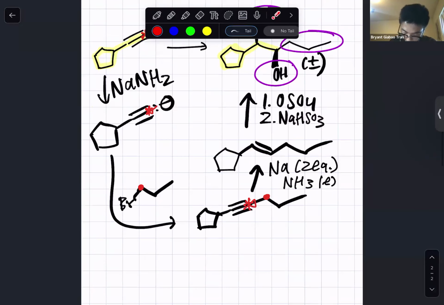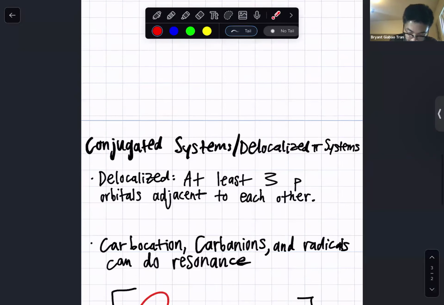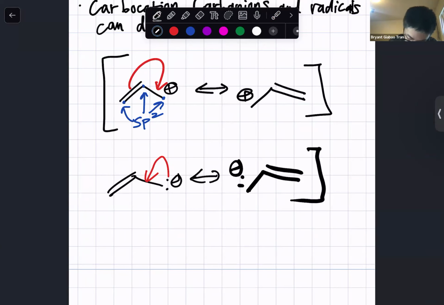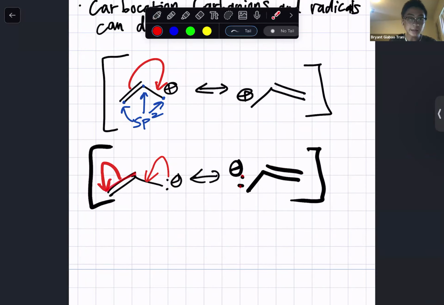So this is a carbanion here that can do resonance like that, where we moved that lone pair of electrons to make a double bond here. And this double bond would move onto that carbon right there, where we know that bond represents 2 electrons, and those 2 electrons are going to move onto that carbon, giving that carbon a negative charge there.